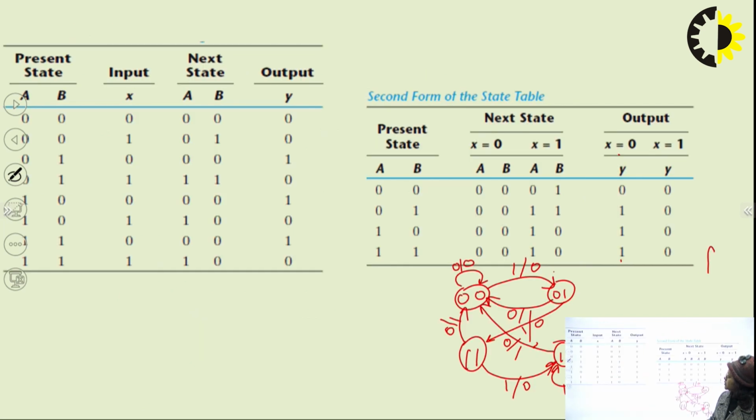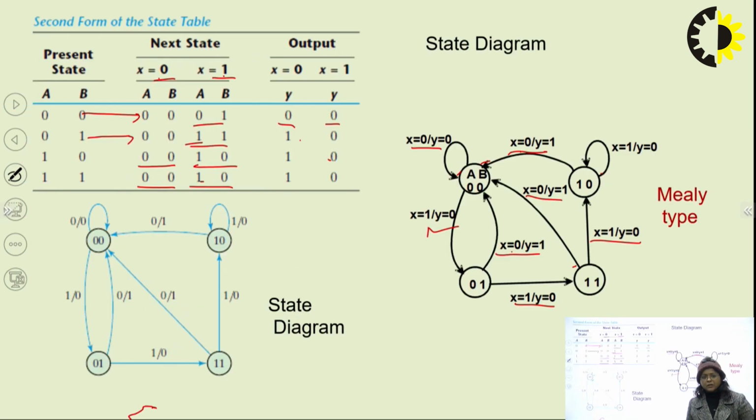We can draw the state table in any one of these forms. It includes present state and input, and we calculate the next state and output. Using the state table, we formulate the state diagram. In the state diagram, within a circle we write the present state, and present state to next state is marked using a line segment with an arrowhead, and above the line segment we write input oblique output.